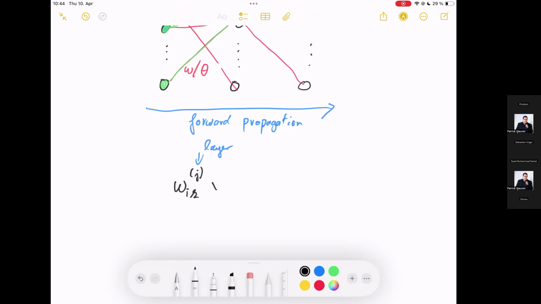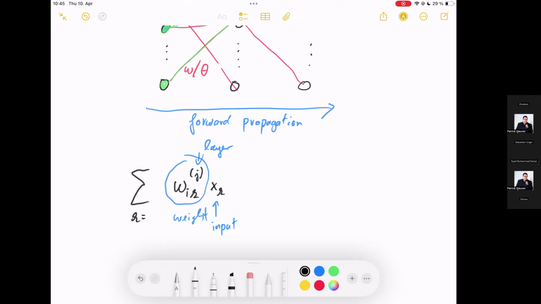So I have my xk, this is, say, the input, and this here is the weight. So I multiply the weight with its corresponding input. I have this product that I just described, and I need to sum all of these products together.